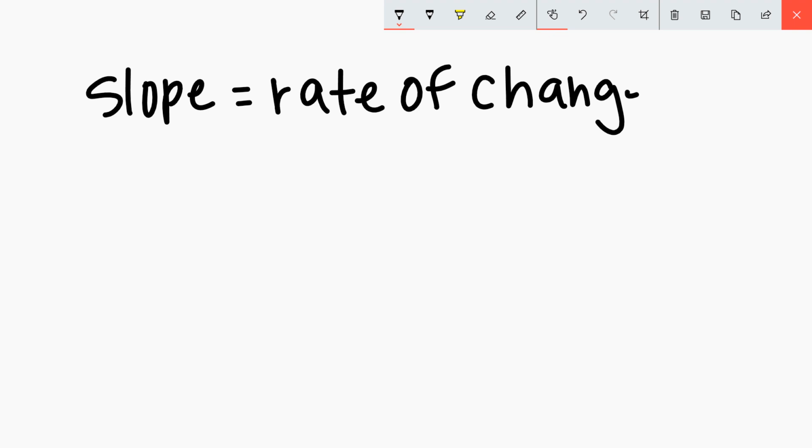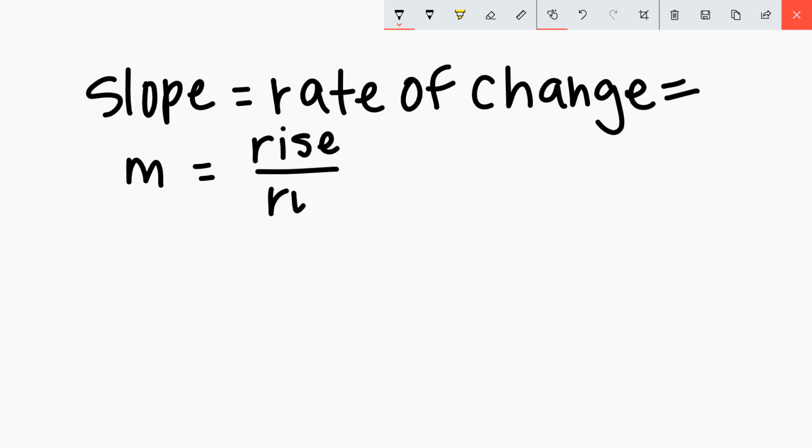And that is also the same thing as when we refer to that variable m in our equations. And slope is also remembered to be your rise over run, right? You're up and down, and then you're left to right.